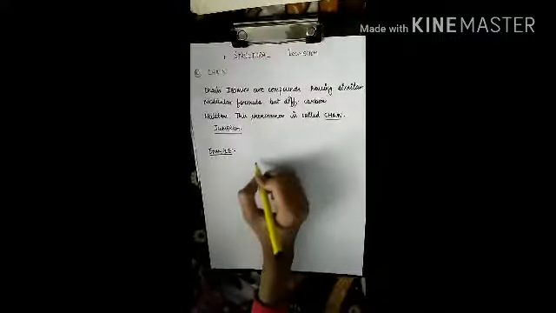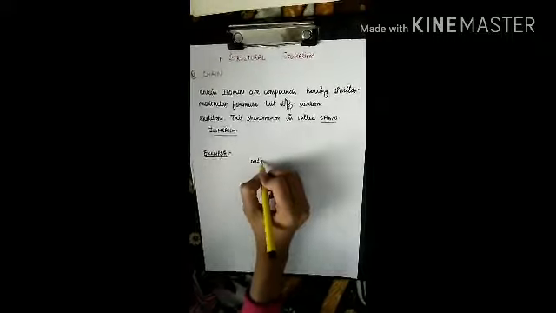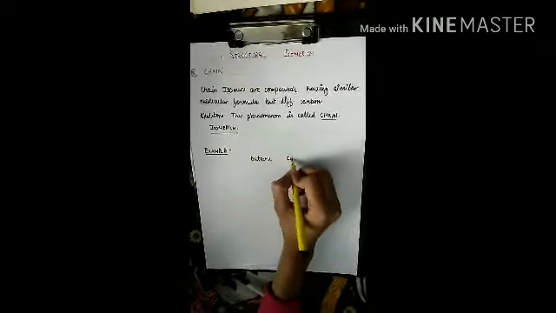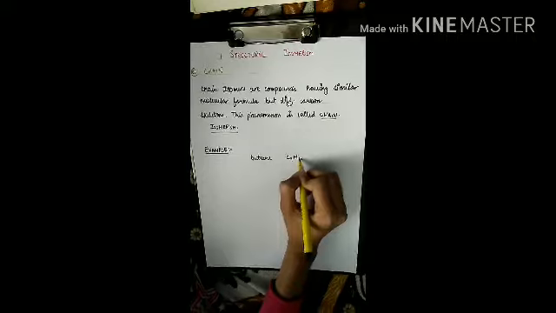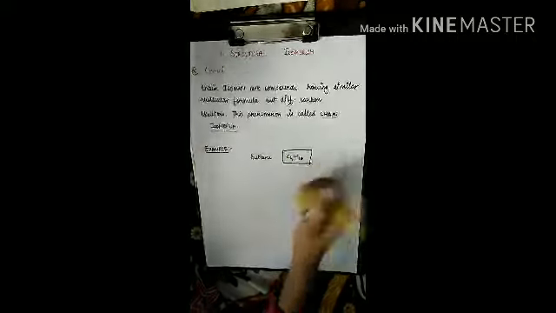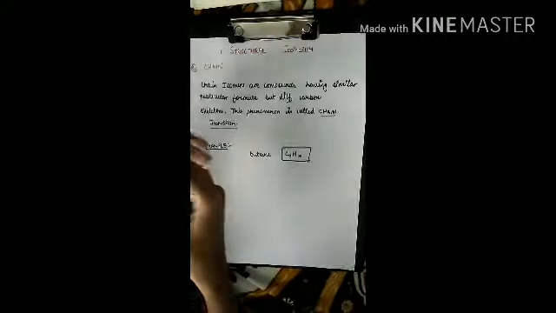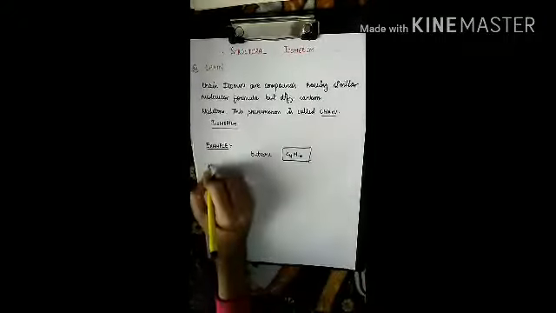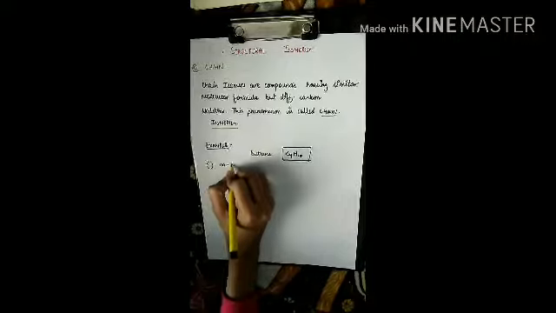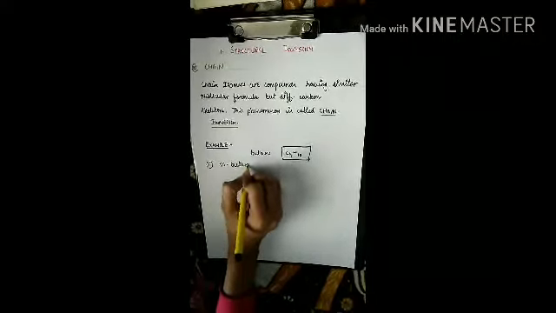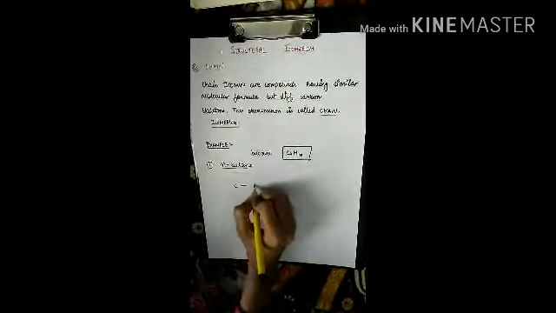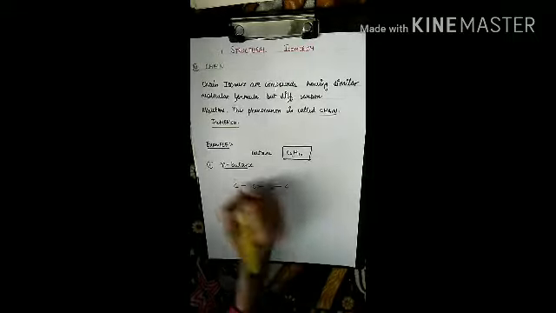So let's take an example of butane, which has 4 carbon atoms and 10 hydrogen atoms. If I try to draw the structures of butane, we can have two structures. The first one is n-butane, which is a straight chain structure in which all the carbons are arranged in a straight chain.